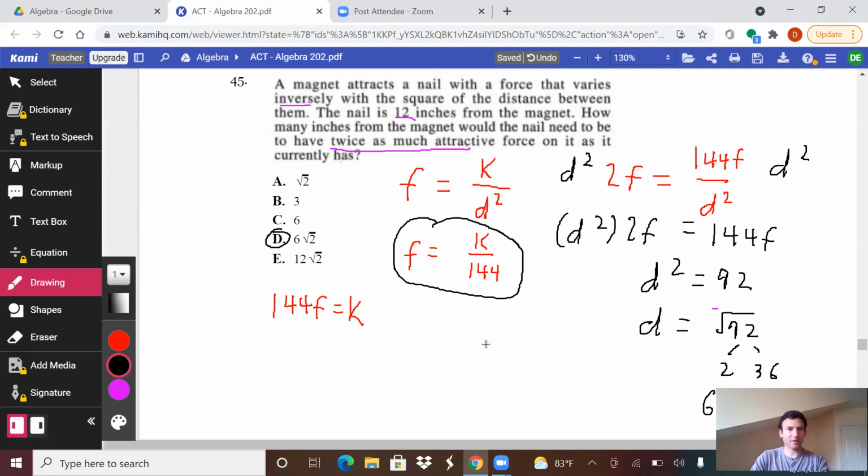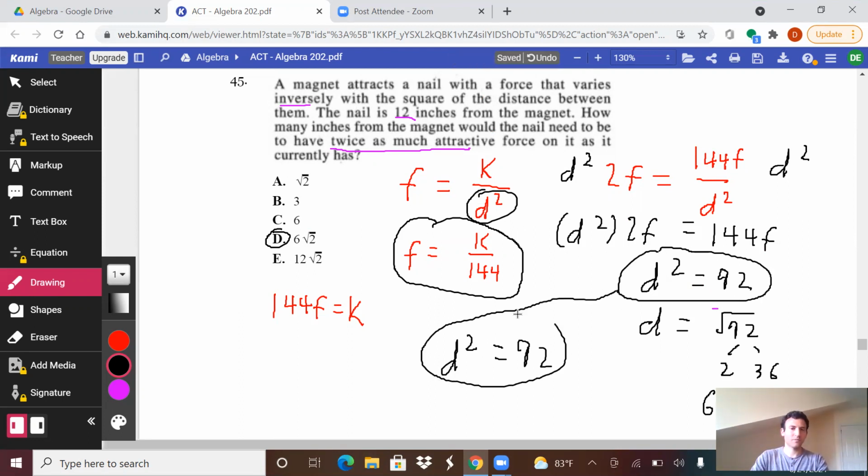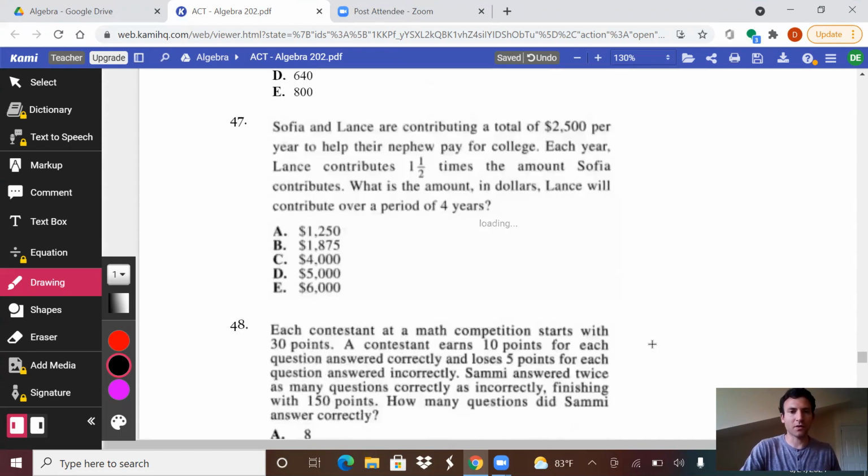So you know that D squared, your distance squared, would have to equal 72. And then you just go through the same setup that we had right here of priming out 72.